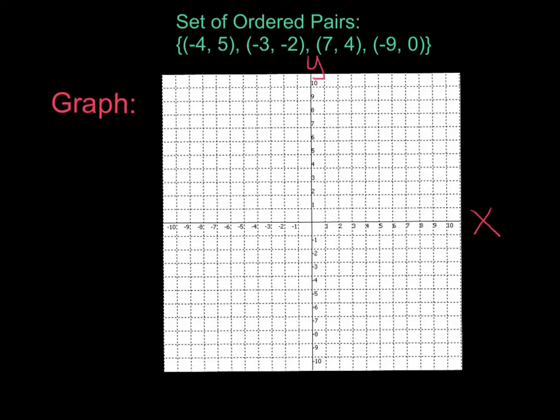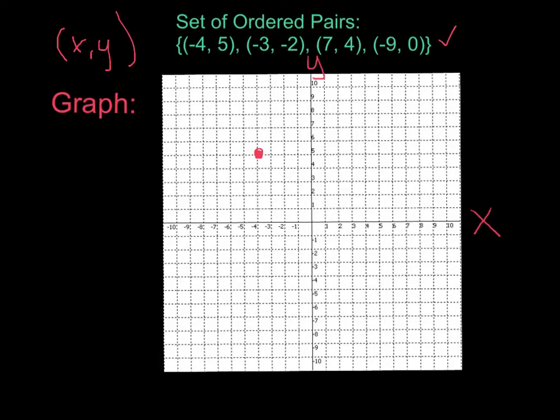Now the last way to represent this set of ordered pairs would be to put them on a graph. So we just have to graph the points. Remember, we have the x-axis and the y-axis, and every ordered pair is x and y. Negative 4 tells you to go negative 4 on the x-axis, and then 5 on the y. 1, 2, 3, 4, 5. Here I have one dot.